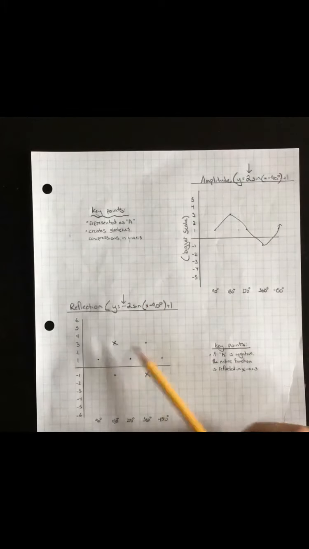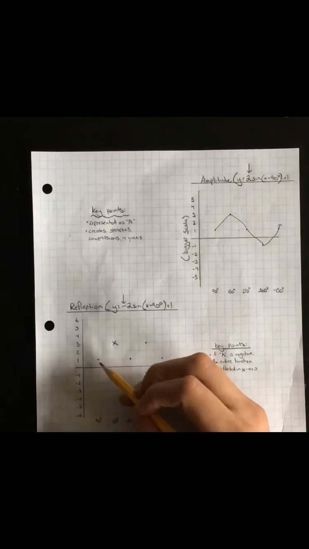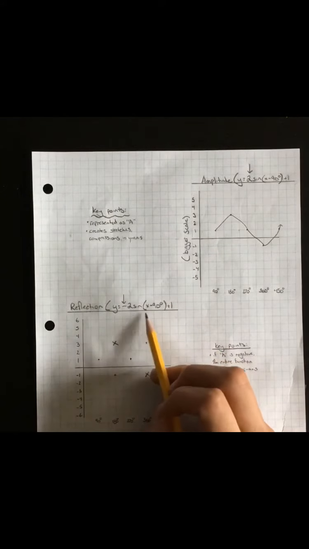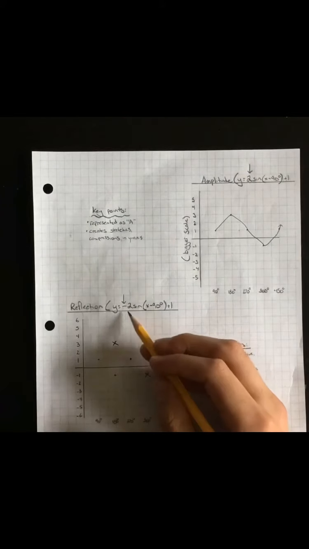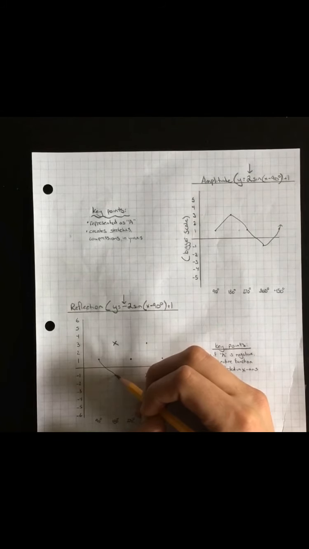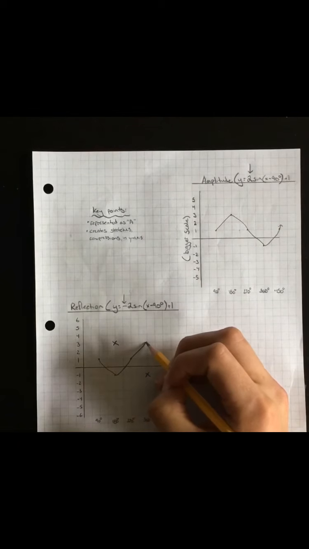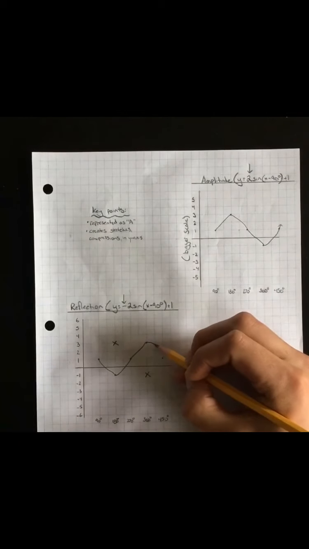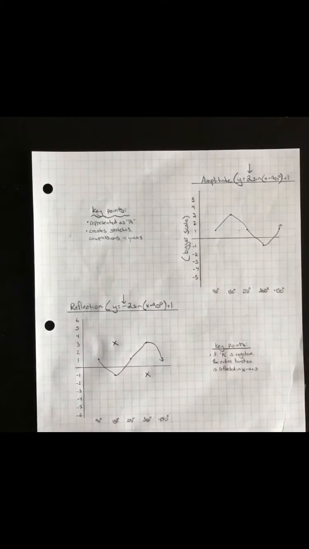Here these x's are where these points were, but instead we're going to start at 1, over to the right by 90, but we're going to be going down 2, not up 2. So down 2 to start, then up back to 1, up to 3, and then back down to 1. So it's just the same thing as this one up here, but flipped.